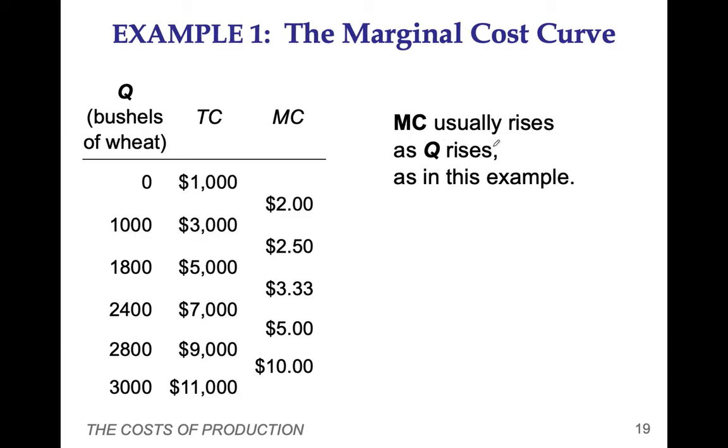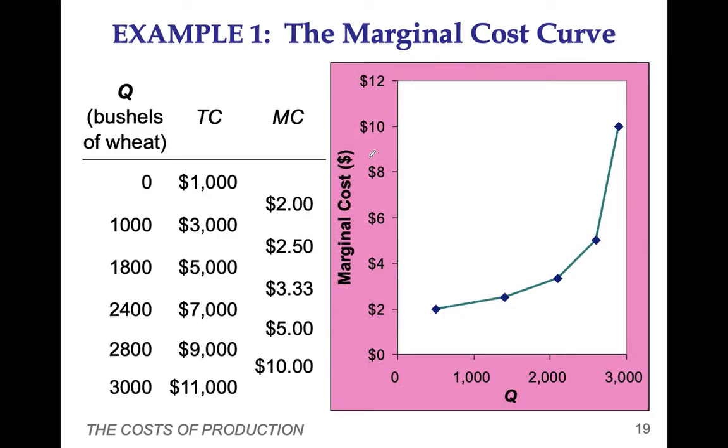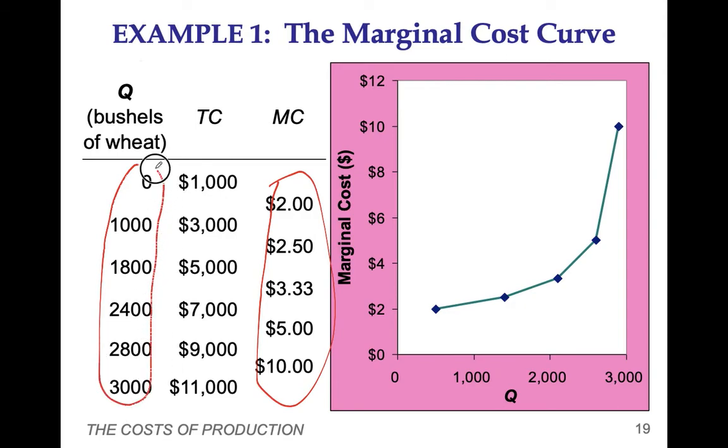So for now let's take it as it is written here: MC rises as Q rises, Q being the level of output, as in this example. If we plot MC with respect to different levels of output, with Q, the level of production, on the x-axis and cost on the y-axis, we get a curve that has this form.